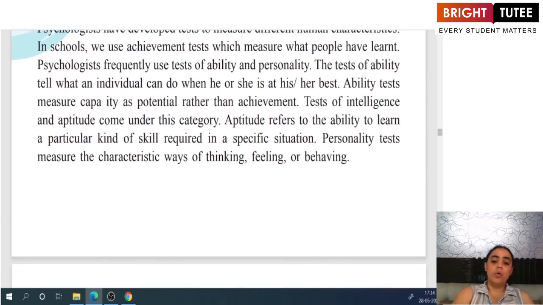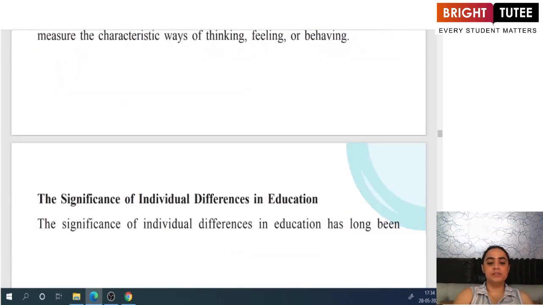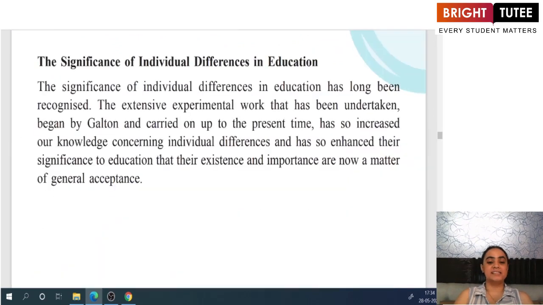Now, what is the significance of individual differences in education? Individual differences in the field of education have been recognized since a very long time.